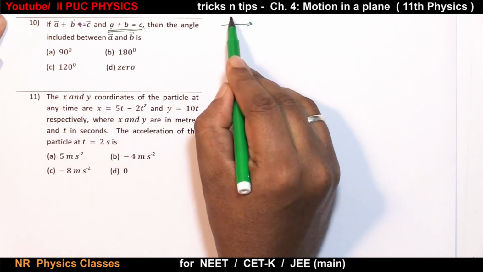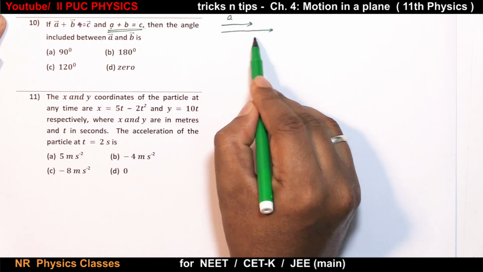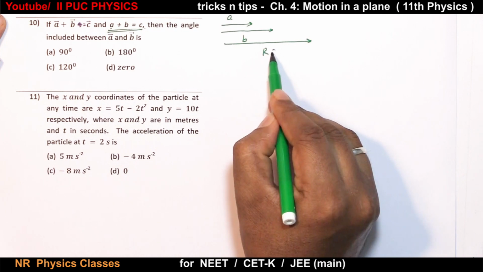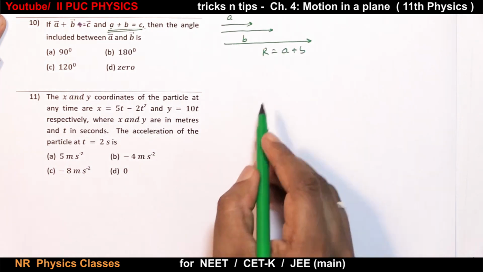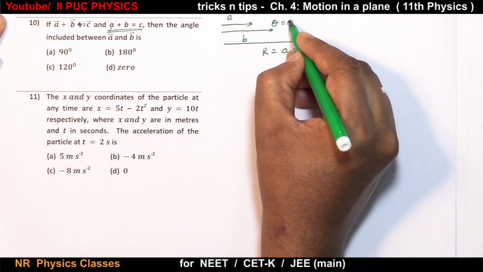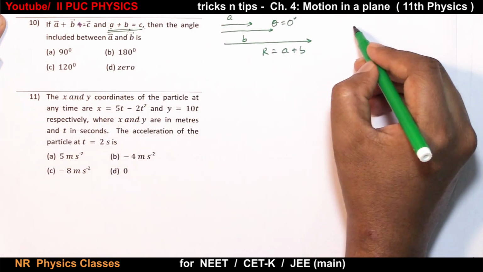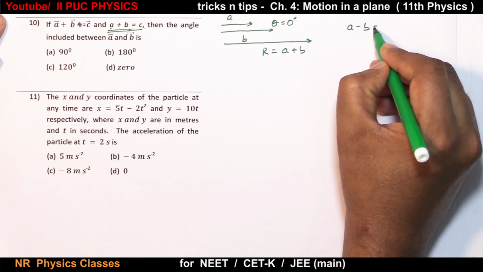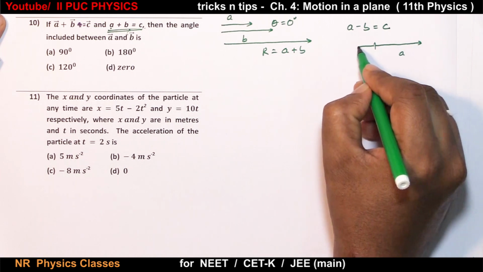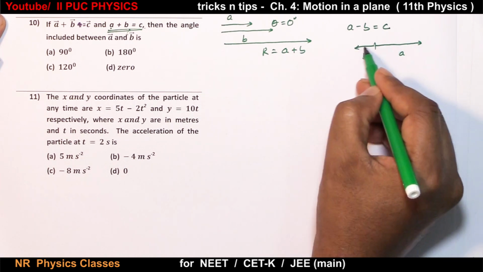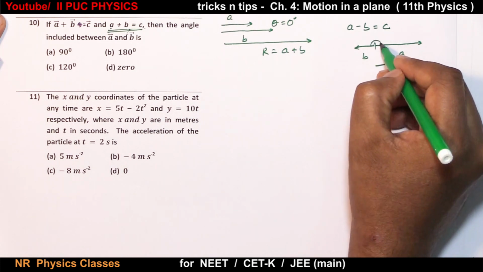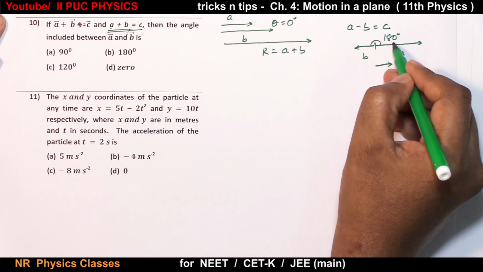If this is A, this is B, then the resultant equals A plus B, the sum of their magnitudes, if theta equals 0 degrees. Similarly, if it is given A minus B equals C, then this is A, this is B, and the difference of these two should be the resultant R. So here the angle is 180 degrees. So it's a trivial question.